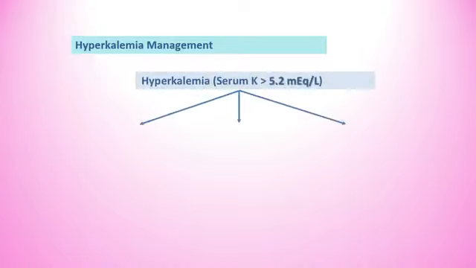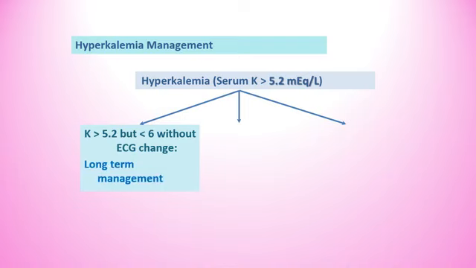Next, come to hyperkalemia management. Hyperkalemia means serum potassium more than 5.2 milliequivalent per liter. When potassium is more than 5.2 but less than 6 without any ECG change, long-term management is enough.